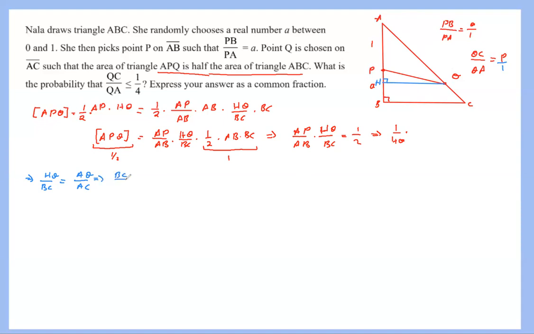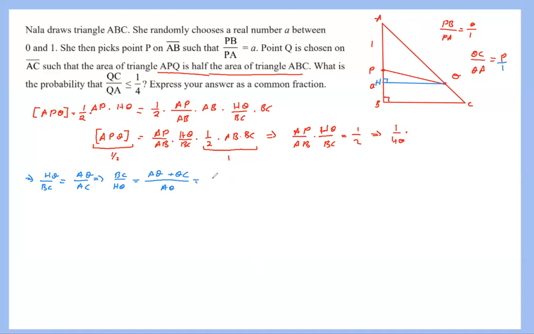So BC over HQ equals AC over AQ. So instead of AC, I will just write AQ plus QC. So let's go with that. So the AQ plus QC over AQ.